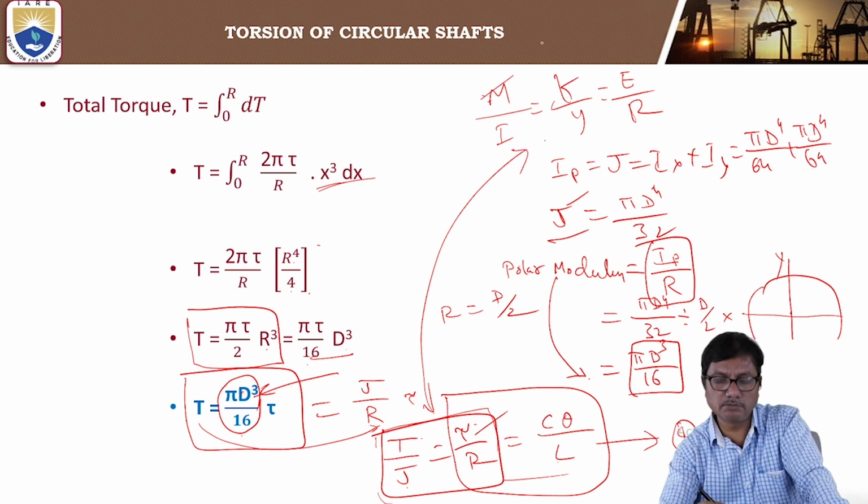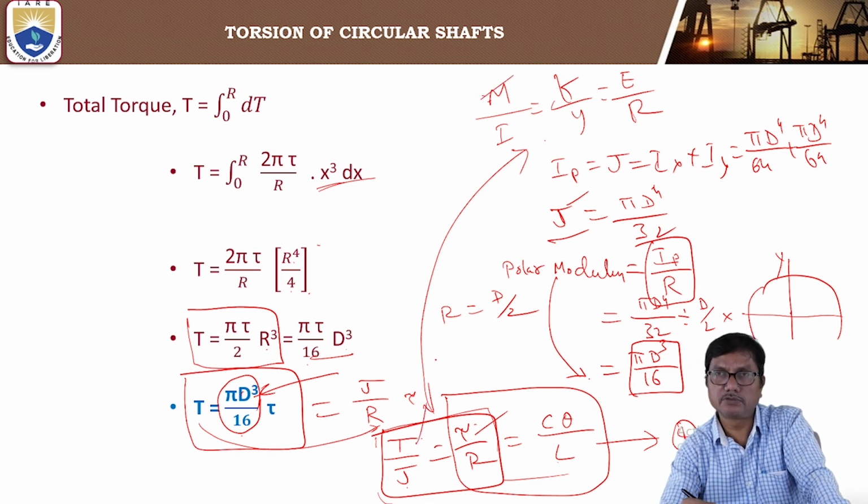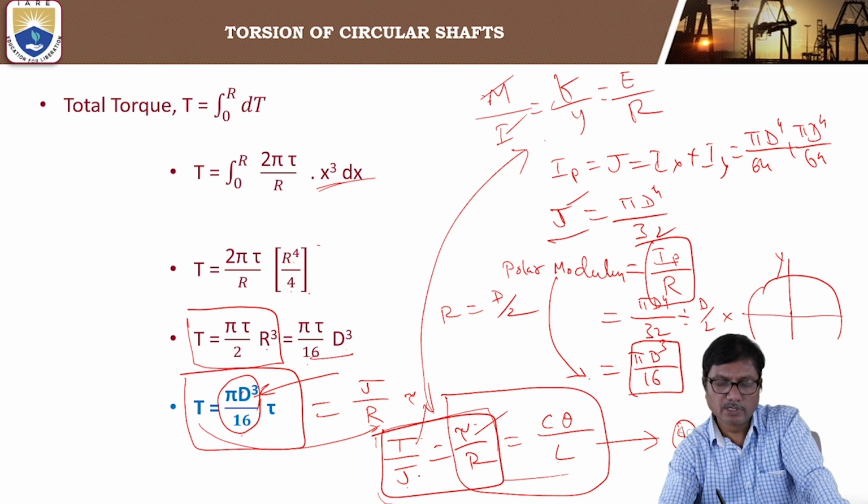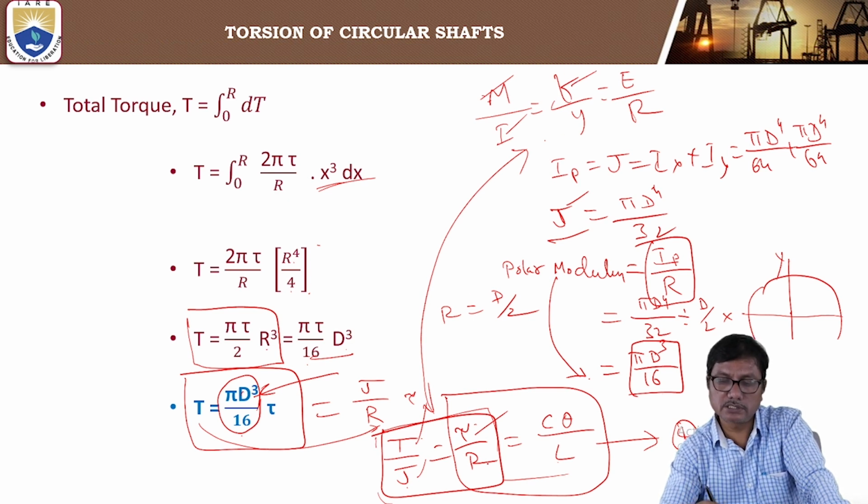Here M is bending moment, T is twisting moment, I is moment of inertia about one of the axes, Ix, and J is polar moment of inertia. Tau is shear stress and f is bending stress, and y is radial distance. Here r is the radial distance. E is Young's modulus, C is rigidity modulus.